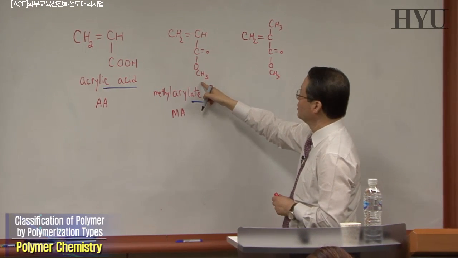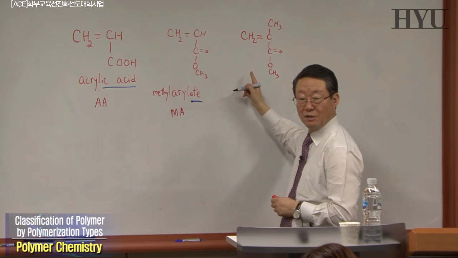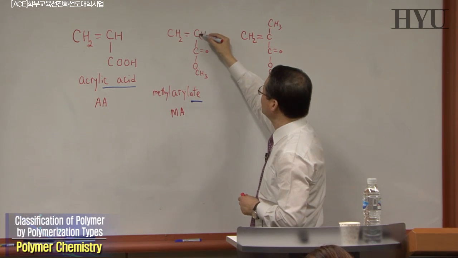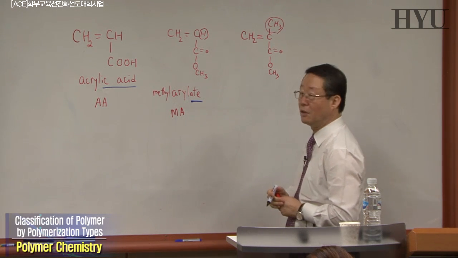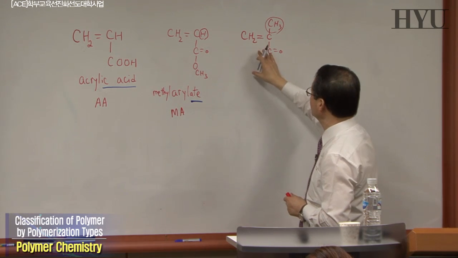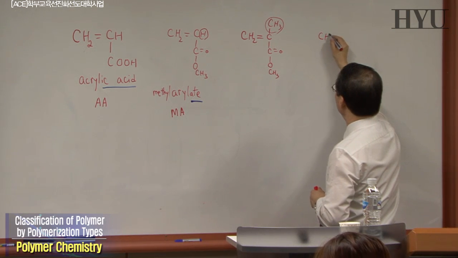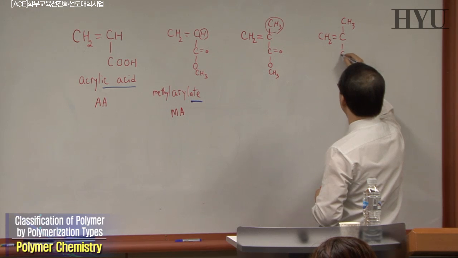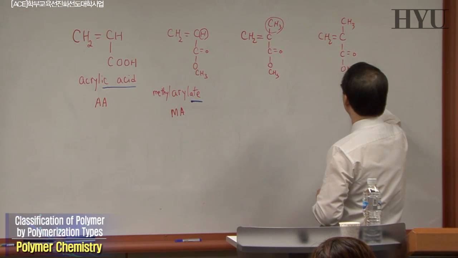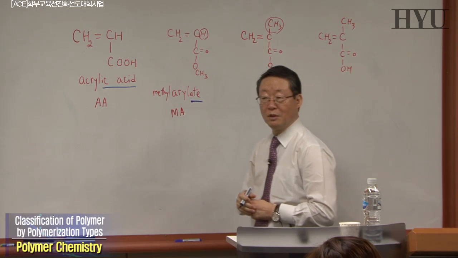Now, this second monomer and third monomer is a little bit different in terms of this hydrogen replaced with a methyl group. Okay. Now, this is different from this monomer. Now, the fourth monomer is different from this first monomer.